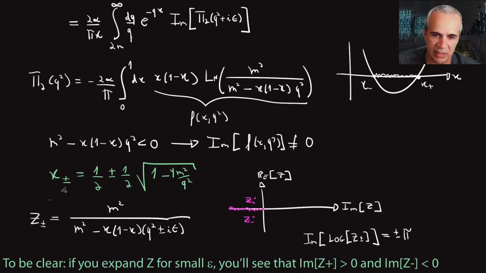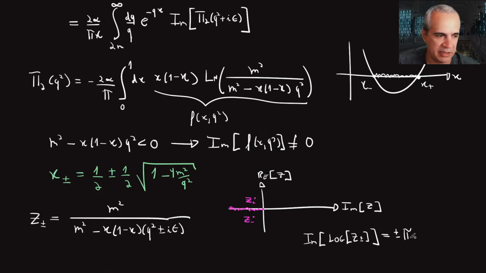So that means that in our case, since we are putting z plus there, the imaginary part of our log will be just plus pi, right? So we want to use that now.